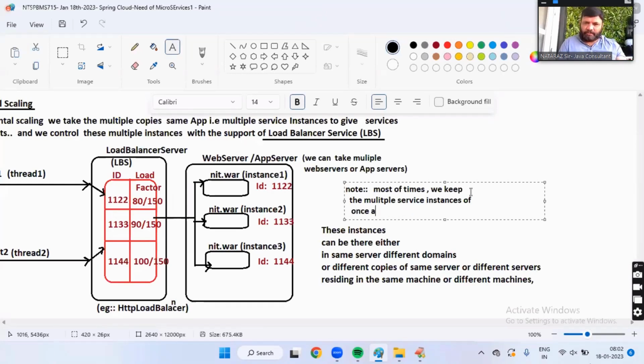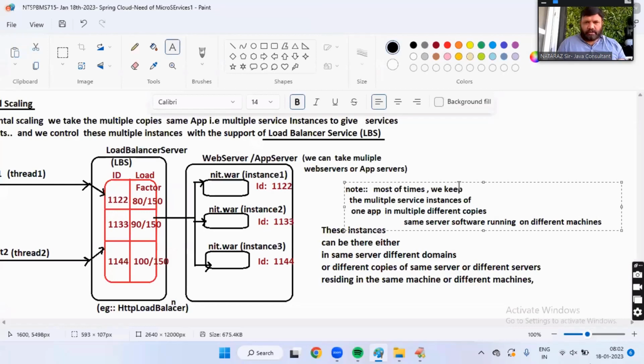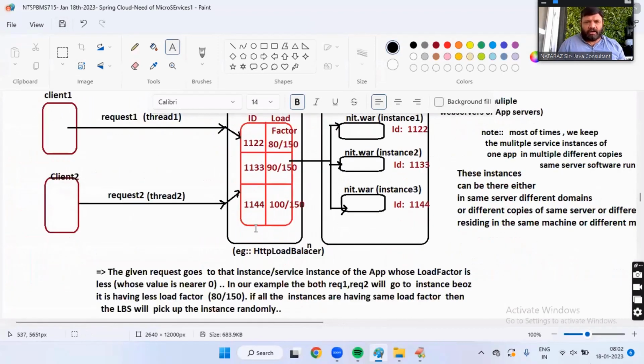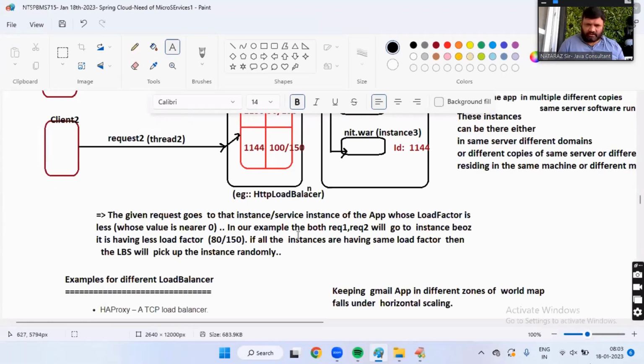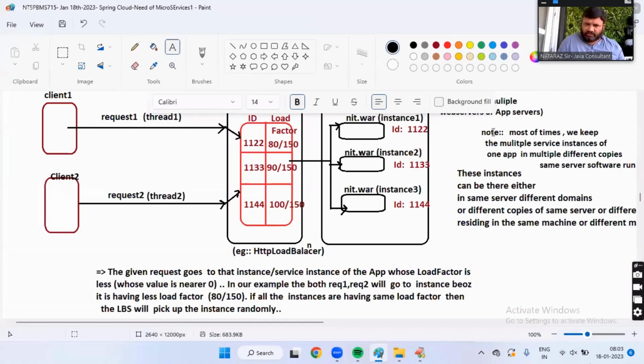Multiple service instances of one application means one application in multiple different copies of the same server software running on different machines. Understanding my statement, guys?